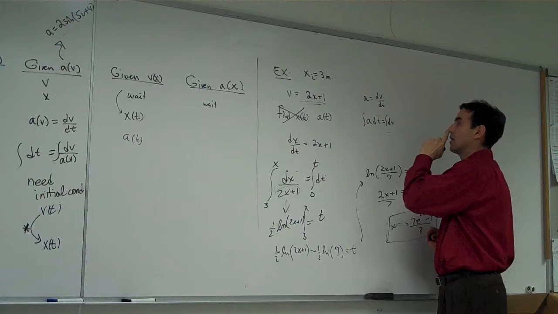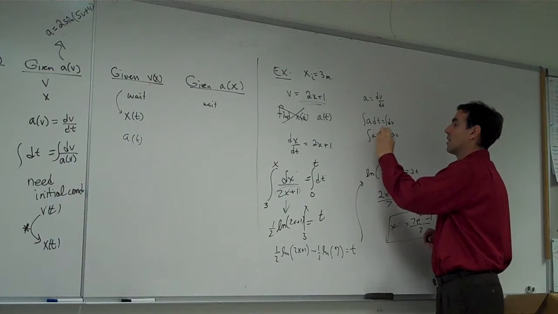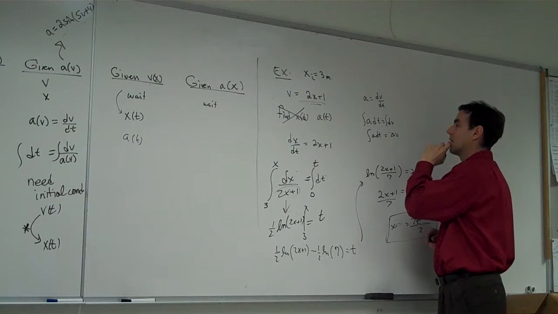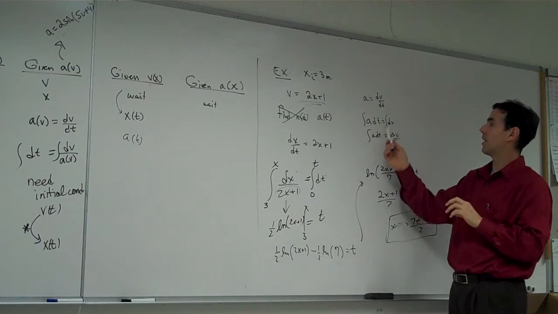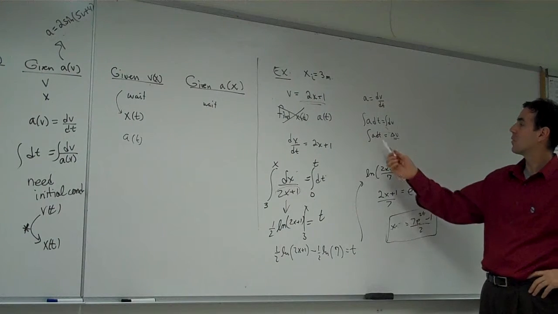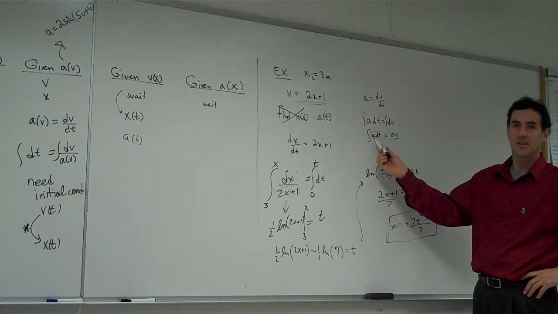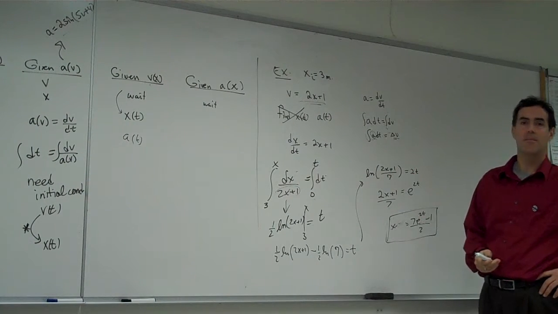And then plug 2x plus 1 into that. It changes v, because it would be v final minus v initial. So, yeah, I don't know. Well, the problem is I wouldn't be able to do this integral because I don't know what a is yet. Yeah. So a is not a constant, so I can't pull it outside.